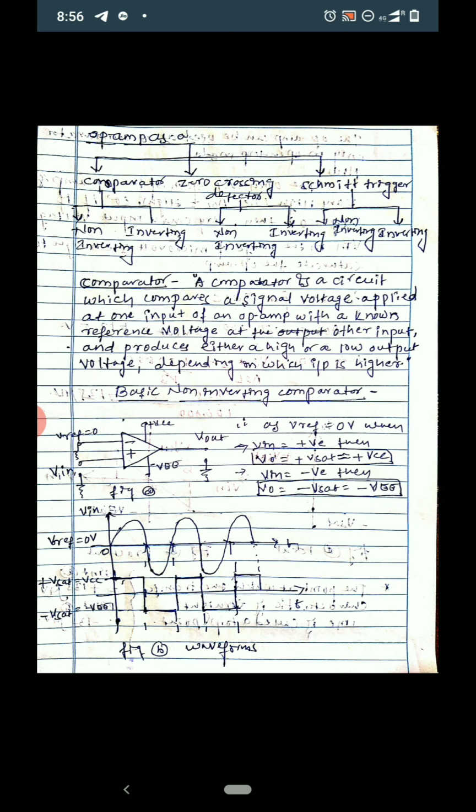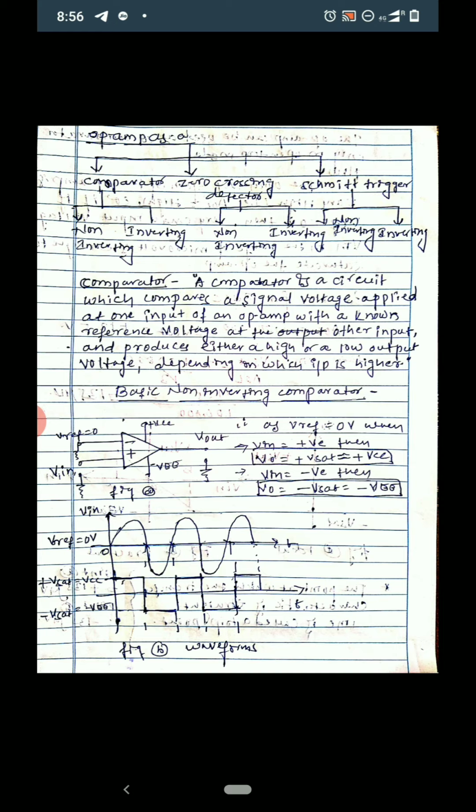Because of this, if you remember, you cannot control the output voltage, you only get whatever output voltage is present.